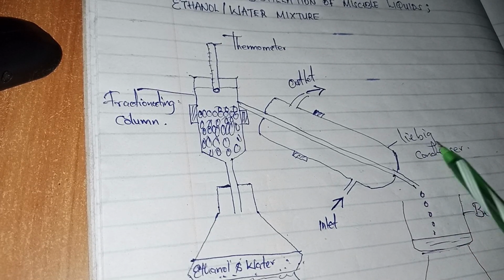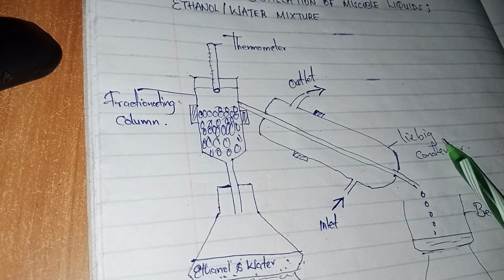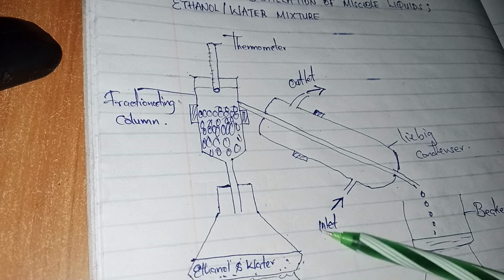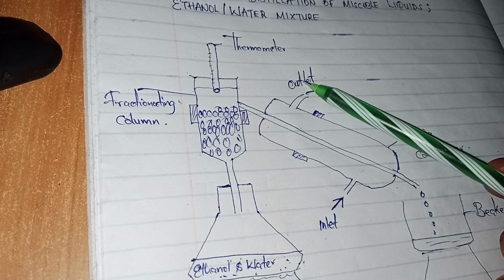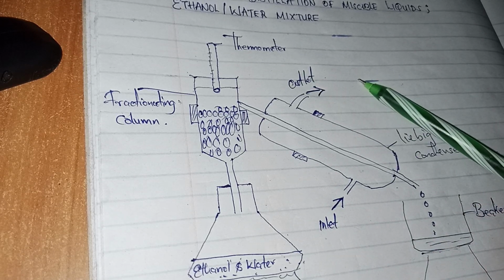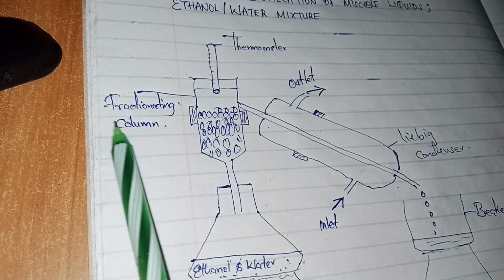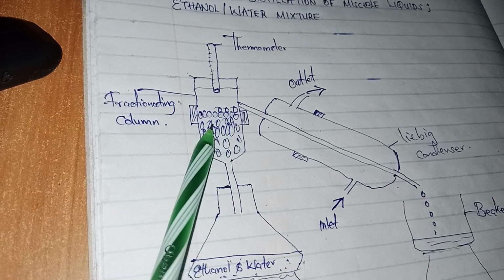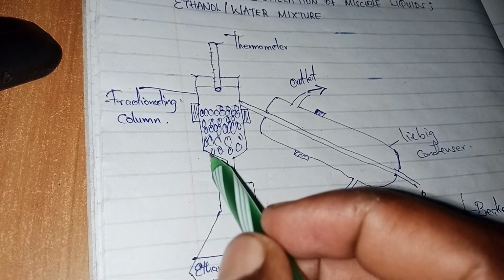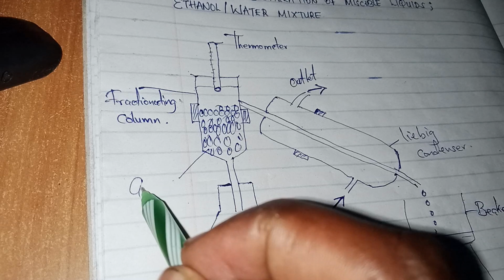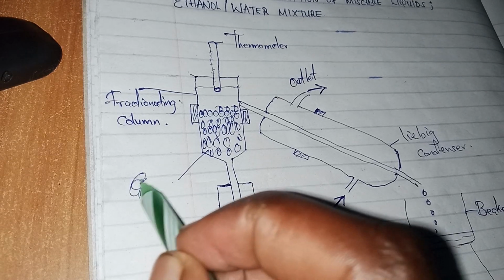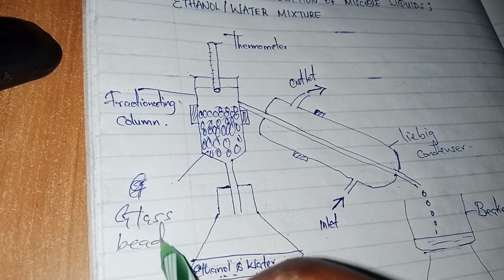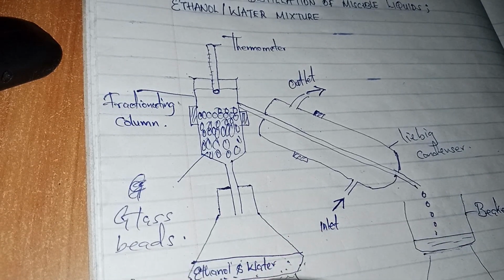And this Liebig condenser, you should study it well because it has an inlet and it has an outlet: what comes in at the inlet and what comes out at the outlet. And again, in the fractionating column we have some things inside there, which we call glass beads, pieces of porcelain.